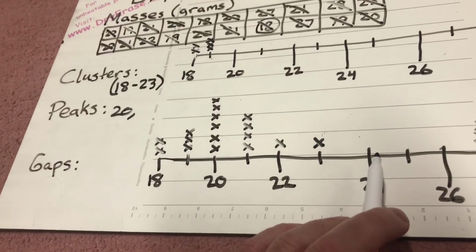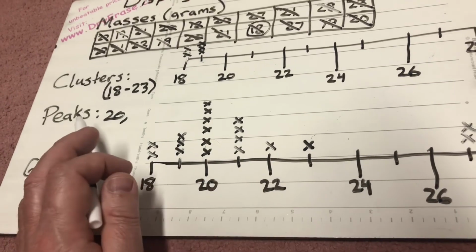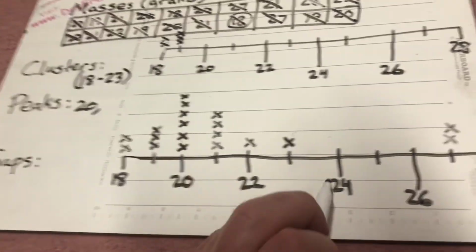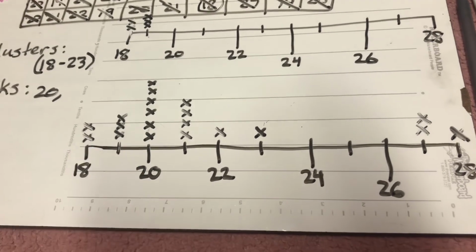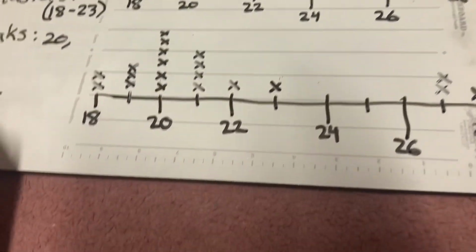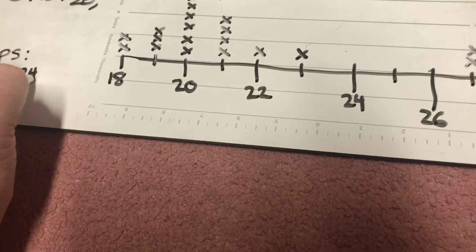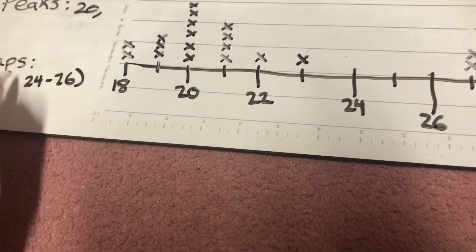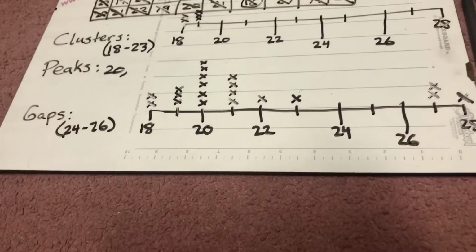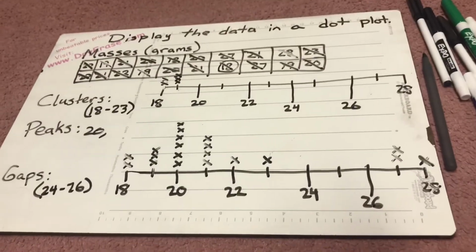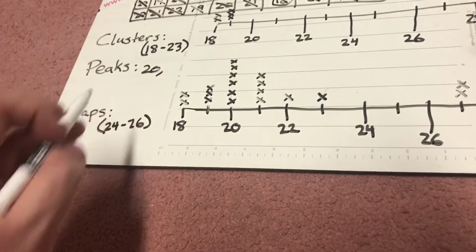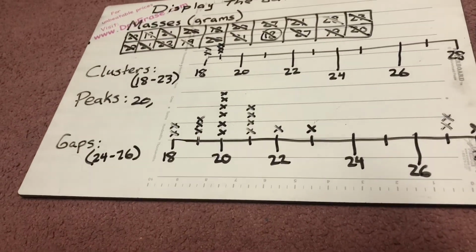Just like the cluster would have 3 together, I'd say a gap would skip at least 3. So I would say I have a gap here of 24 to 26, and that would be considered a gap. All right, that's how to display the data in a dot plot showing the clusters, peaks, and gaps. All right, we'll talk to you later, 6th grade.